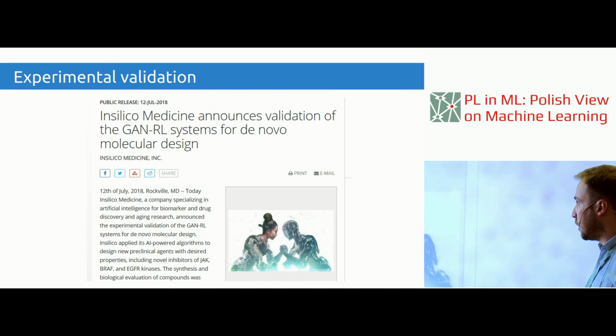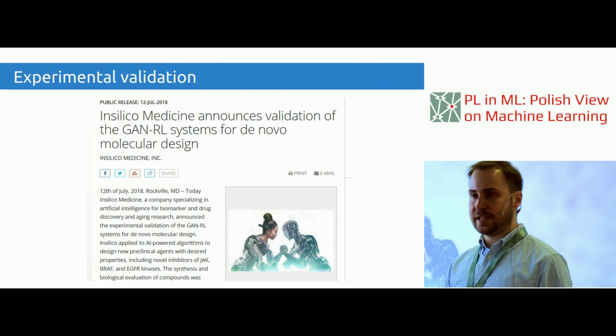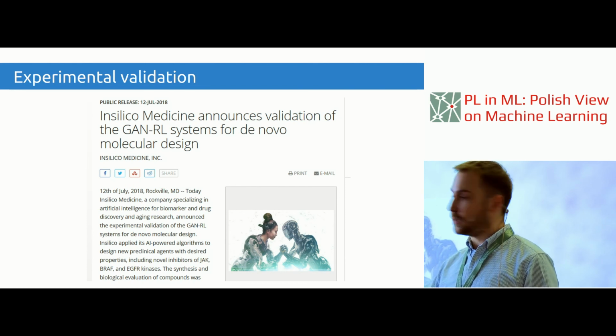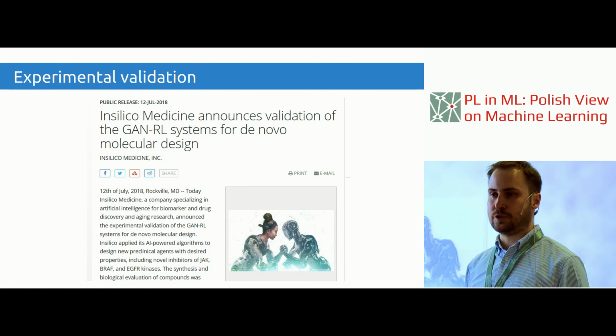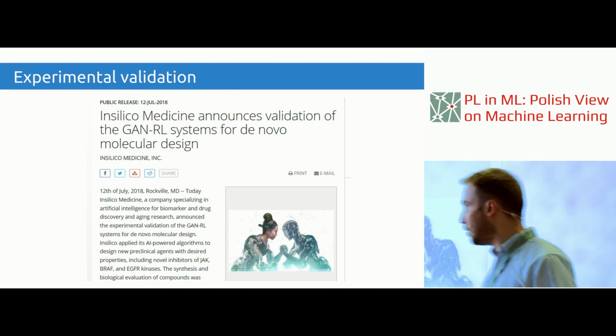And finally, to give you the cherry on the top, there are first commercial successes of such methods. So in July this year, the company Insilico Medicine announced that they have successfully synthesized and validated in the lab molecules that were generated using a GAN reinforcement learning model.